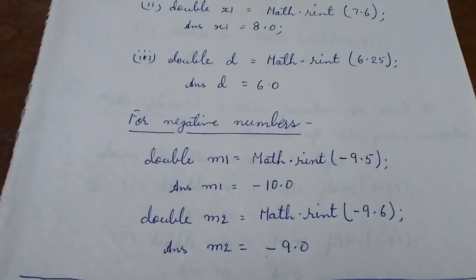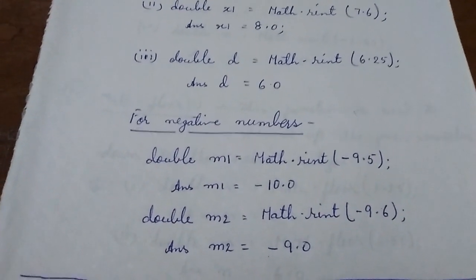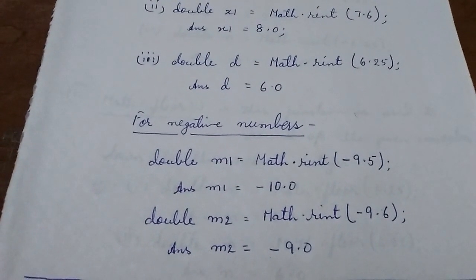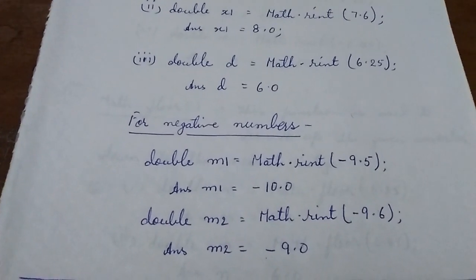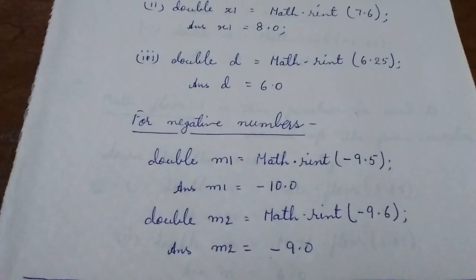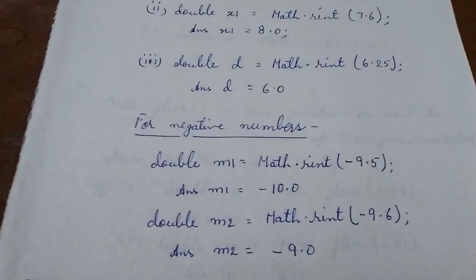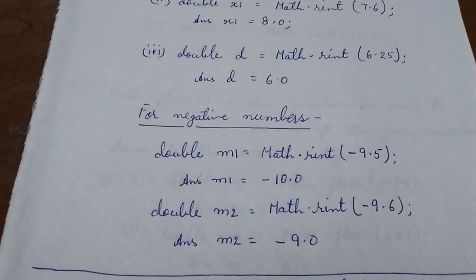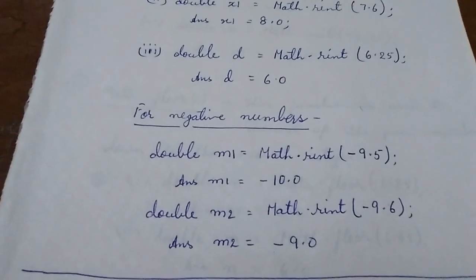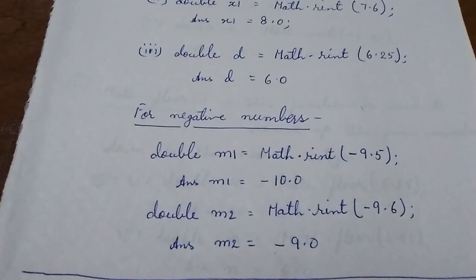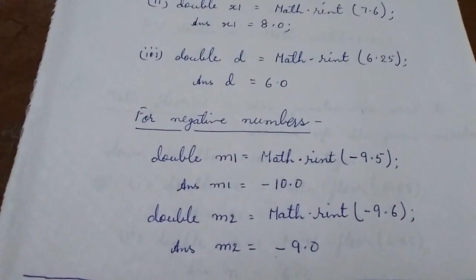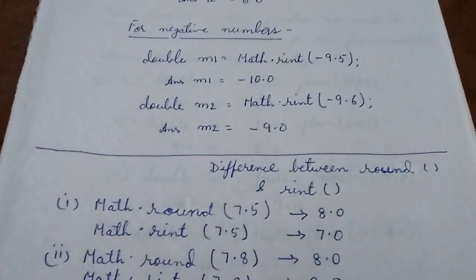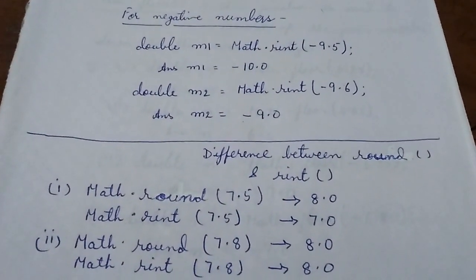Now 0.6 is greater than 0.5, and rint says if it is greater than 0.5, then only it will go to the next highest digit. As the number is negative, it will print the value of m2 as -9.0.